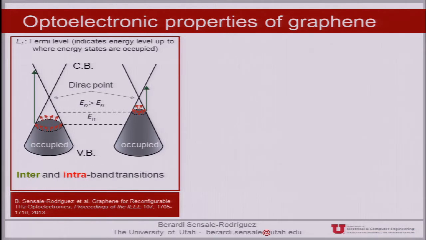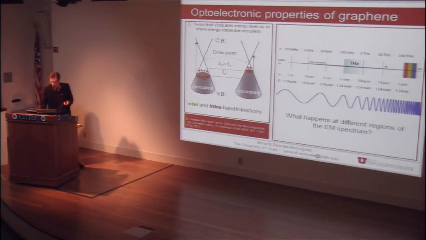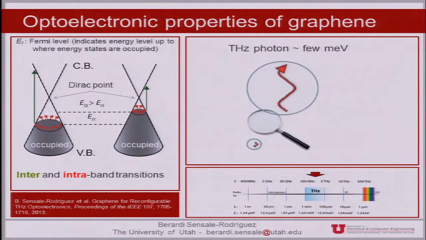called intraband transitions. So when we look at the electromagnetic spectrum and at different regions, one can see that the behavior of this material changes. For instance, in the terahertz range, these are wavelengths on the order of hundreds of microns. The terahertz photon energy is very tiny, just a few millielectron volts.